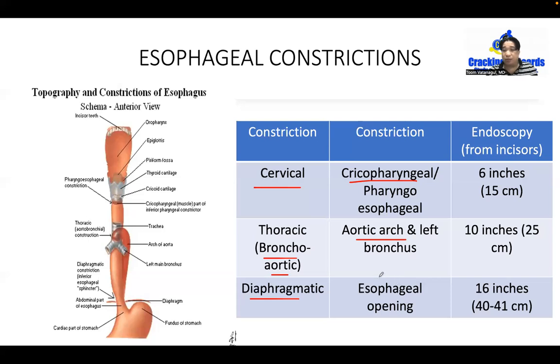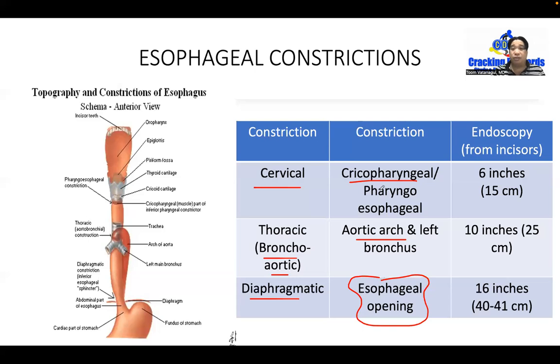The third constriction is as the esophagus passes through the diaphragm. Now, a common question in exams is they ask you the distance from the incisors. Nasogastric tube insertion, endoscopy. This is the significance.